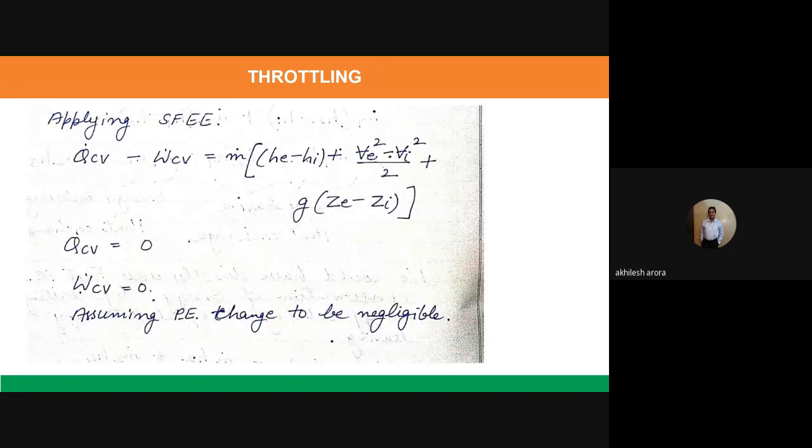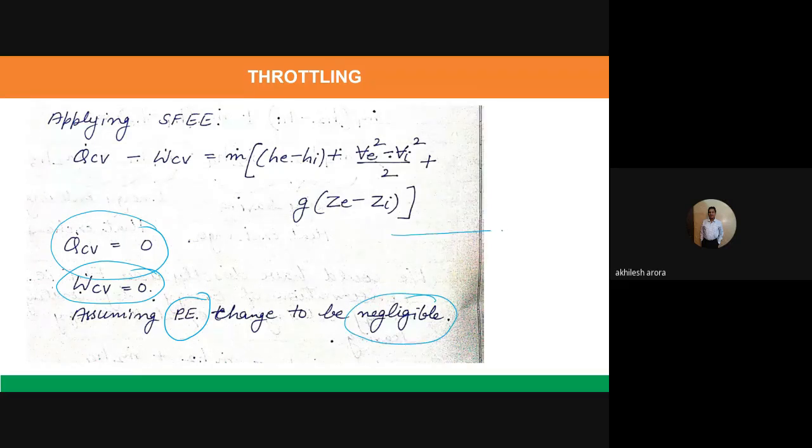Now, as I told you, because it is an adiabatic process, the value of QCV will be equal to 0. WCV, I have already told you, is also 0, because there is no shaft. Then we can consider that the potential energy change is also negligible. Why is the potential energy change negligible?